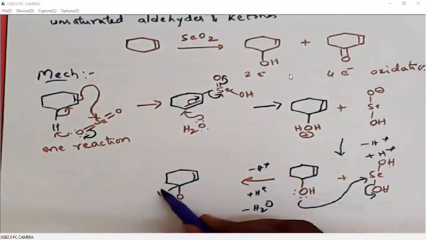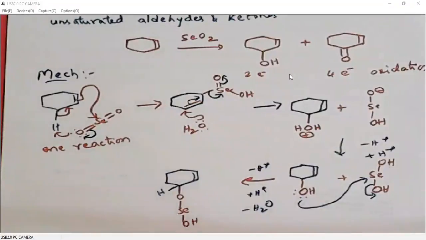The proton here, because we need to generate a C double bond O. A base from the reaction mixture will pick up this proton. So the bonding electrons will be polarized towards carbon oxygen, and we will generate a carbon oxygen double bond. Then the bond between selenium and oxygen will be polarized towards selenium. The selenium will take the electrons and undergo reduction again.